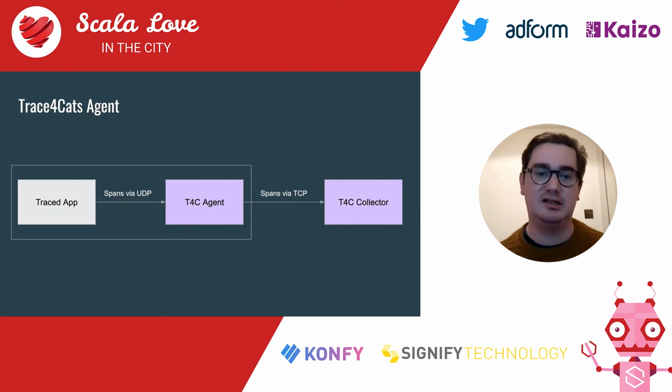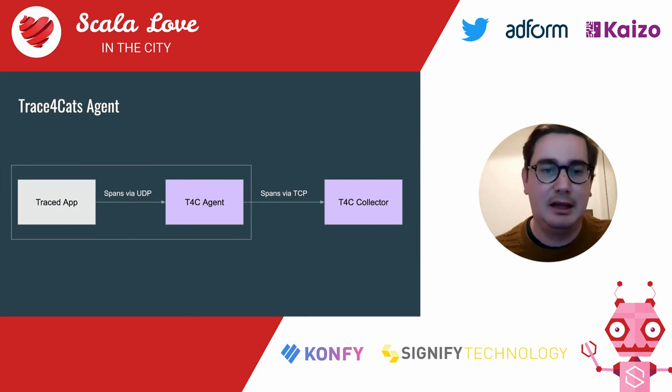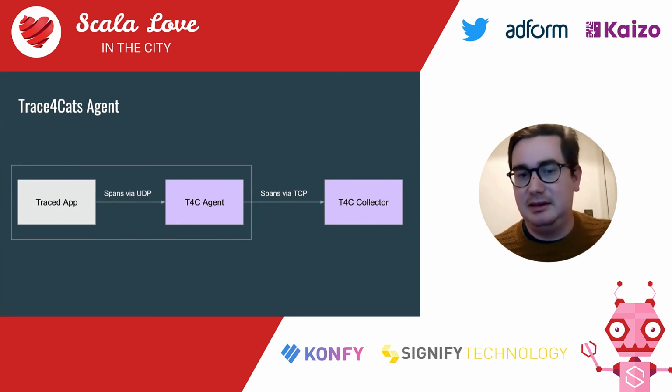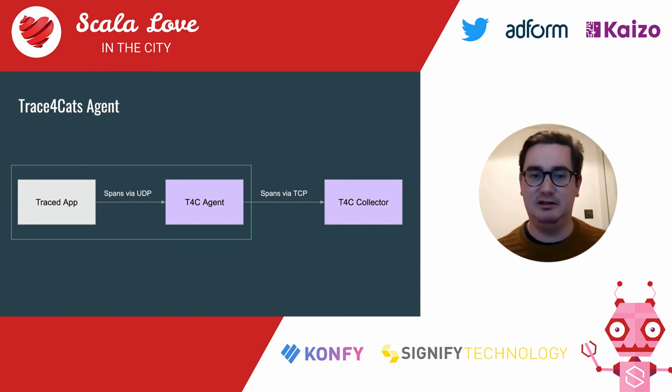And this is designed to be like a Kubernetes sidecar or something you would co-locate on a physical machine or VM. And both the collector and the agent have native image deployments that are in Docker images, so they're very lightweight.